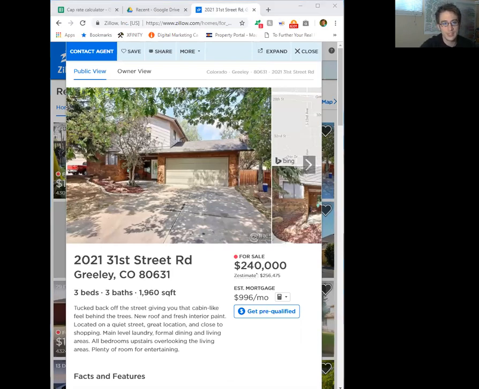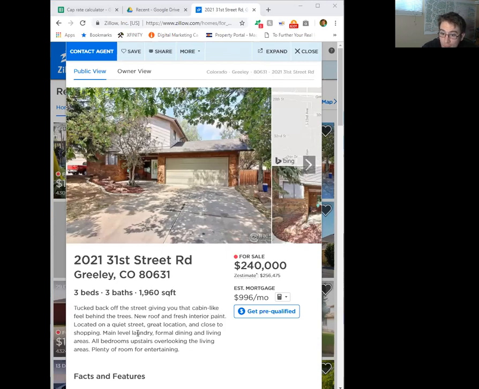So I pulled this example from Zillow, and I did verify on the MLS that this is an actual listing. Sometimes you need to do that with Zillow. However, it is currently under contract based off of the MLS update. It'll be a good example for us to use.